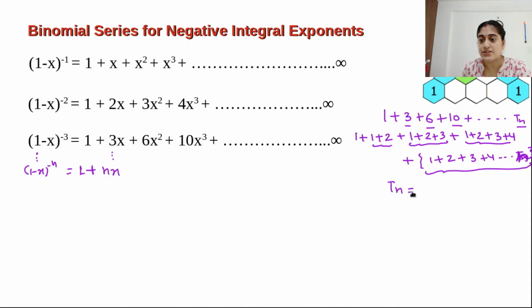So the nth term: we know the summation of an arithmetic series is Sn equals n by 2 into (2a plus (n minus 1) into d).